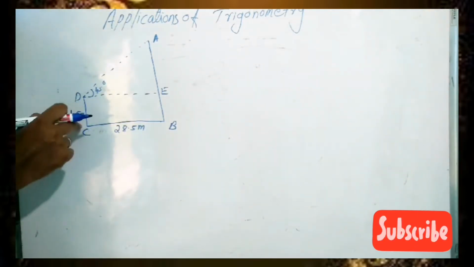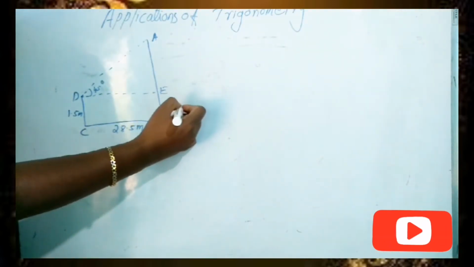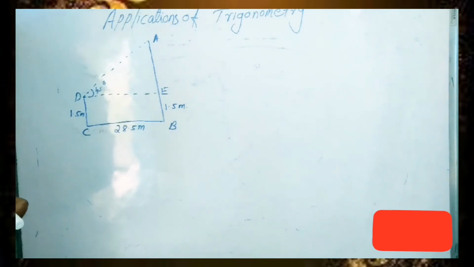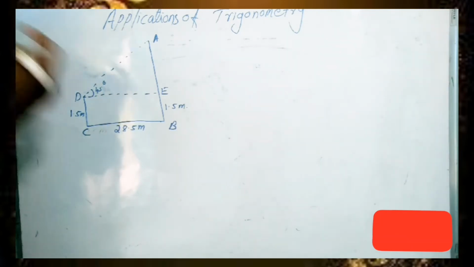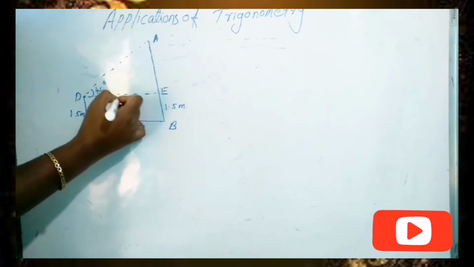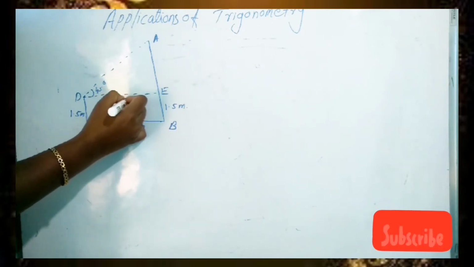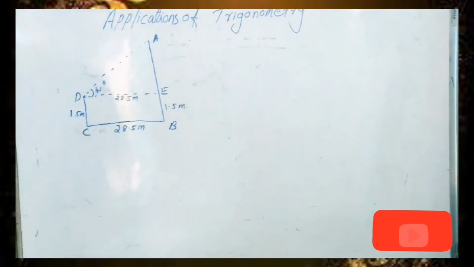Since DC is 1.5 meters, BE is also 1.5 meters. Now BC is 28.5 meters, which means DE is also 28.5 meters.